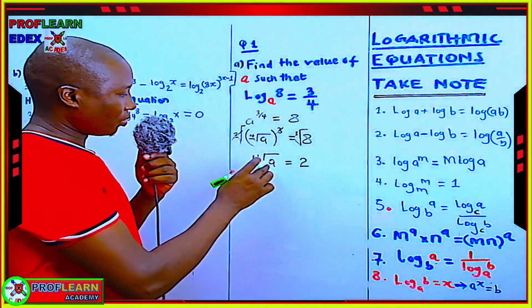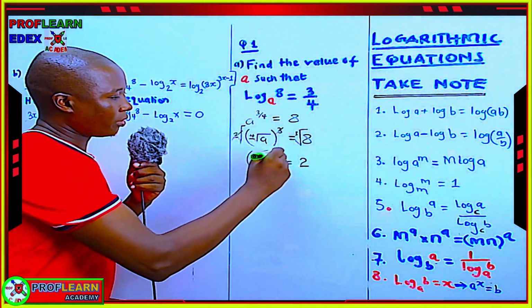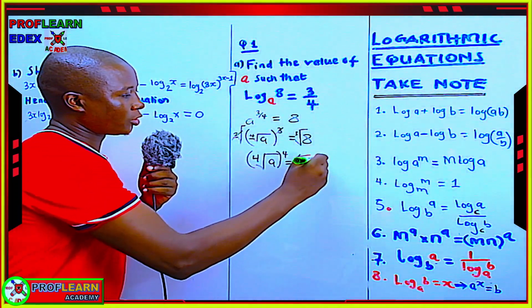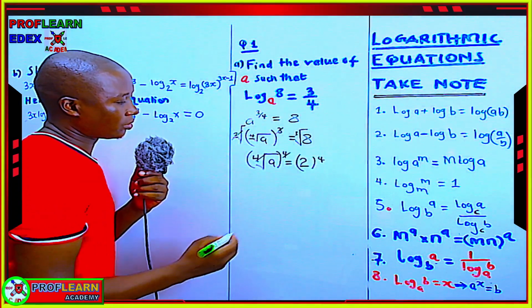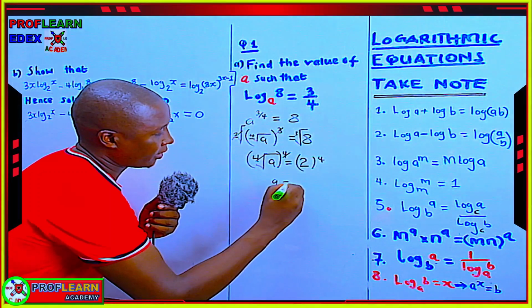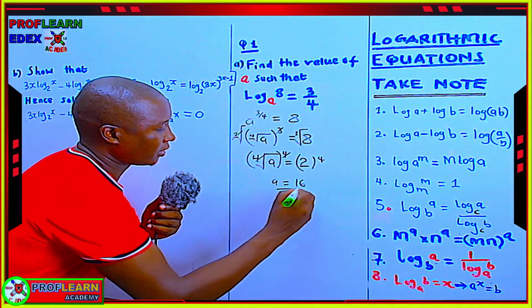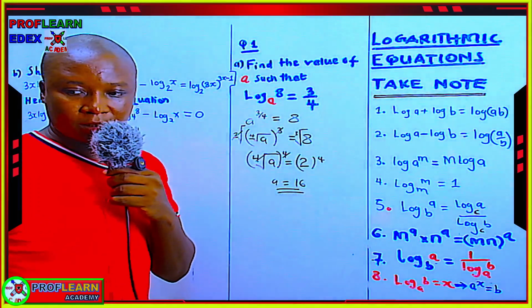Now, in order to get rid of the fourth root, we are going to raise to power 4, and of course this and this will cancel out, and we shall have a is equivalent to 16 as our final answer at this point.